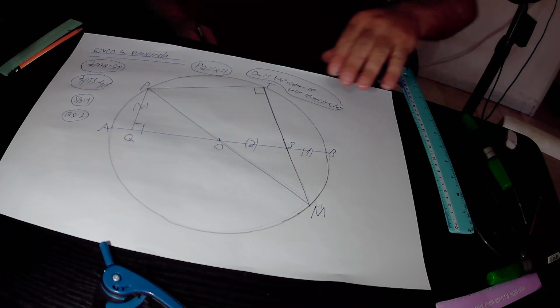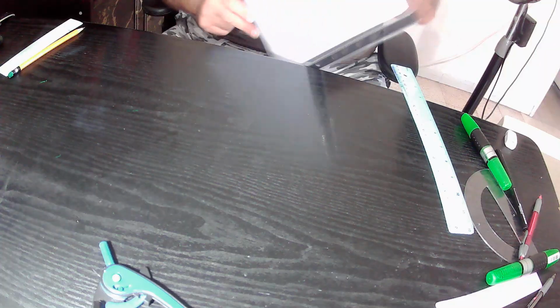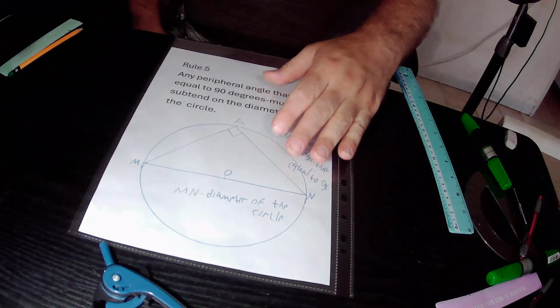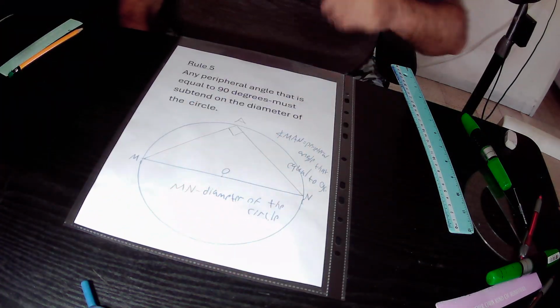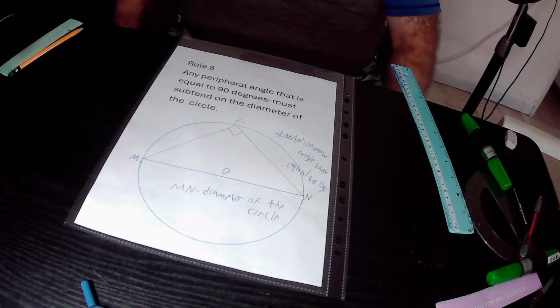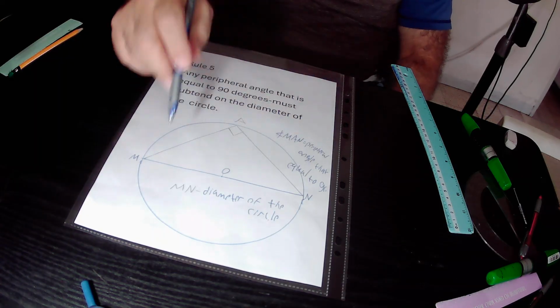So here we can implement rule 5. Let me quickly repeat rule 5. According to rule 5, any peripheral angle that is equal to 90 degrees must subtend on the diameter of the circle. In the drawing we have a circle.